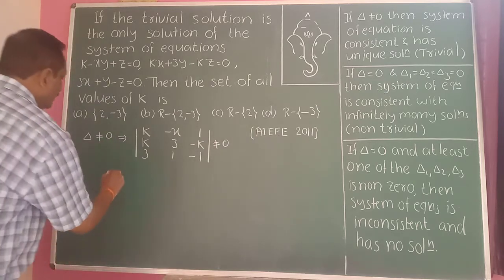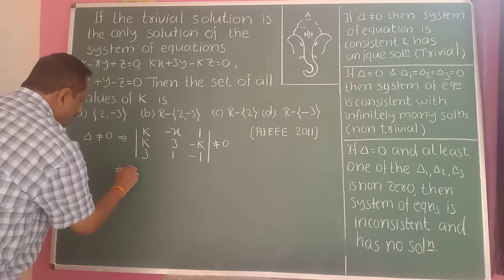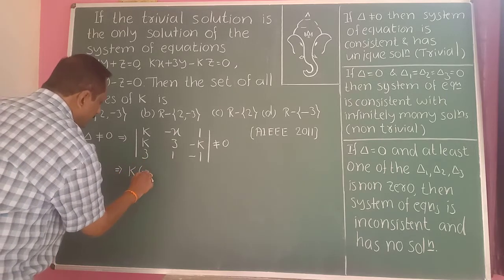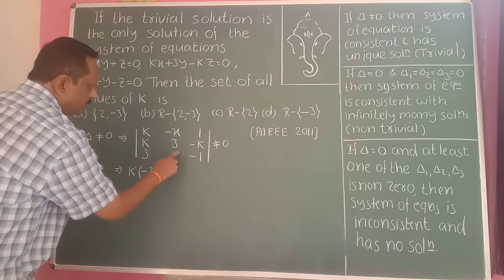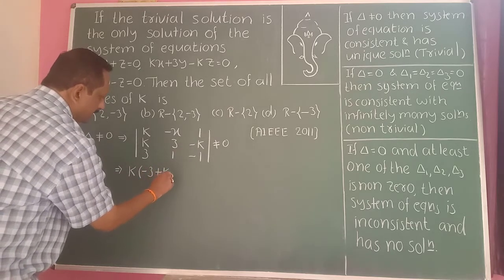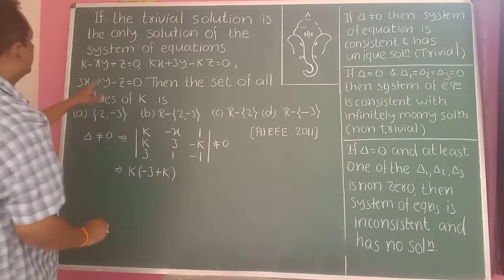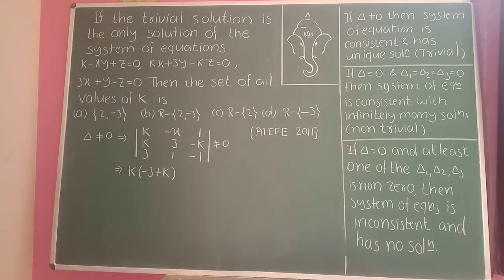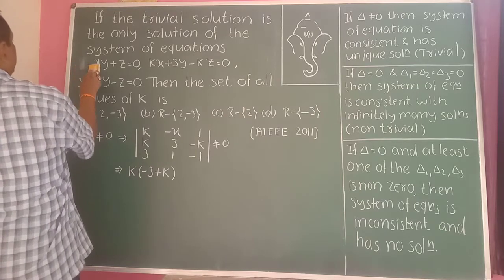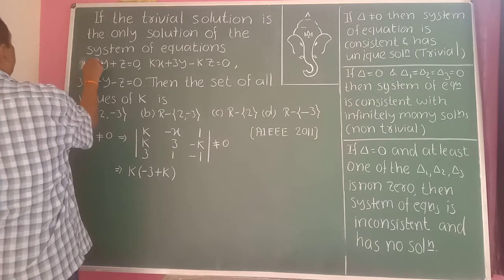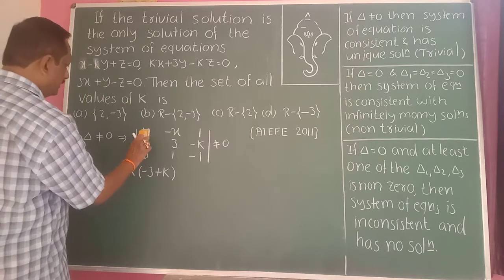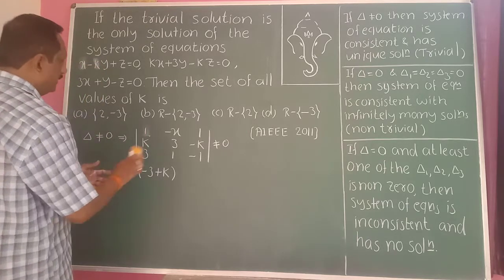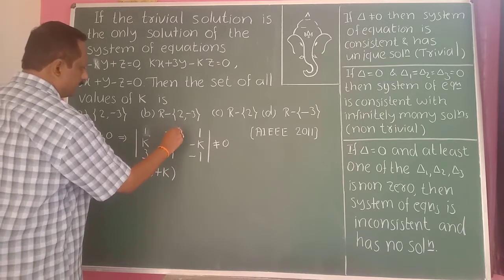Now you simplify here. So k into 3 into minus 1 is minus 3, minus of 1 into minus k is minus k, minus minus becomes plus k.